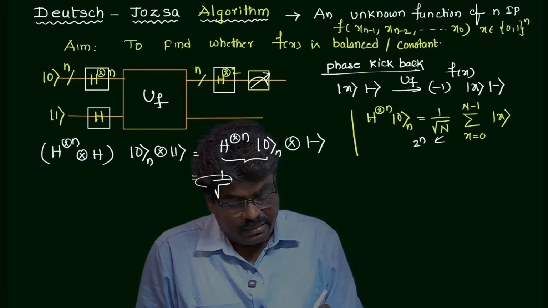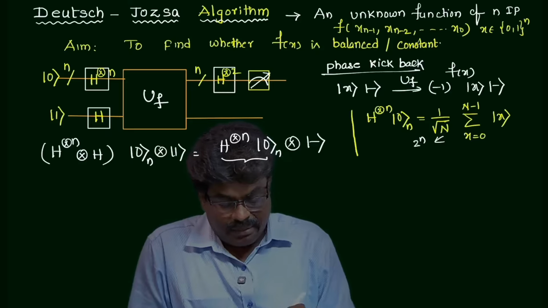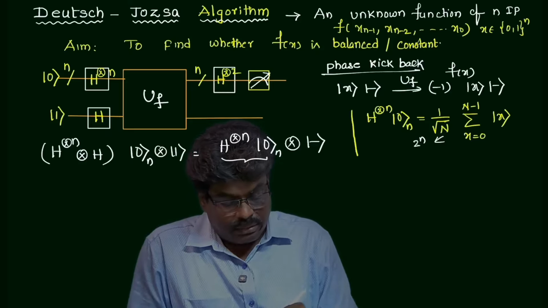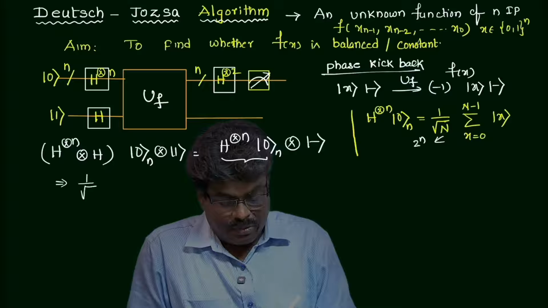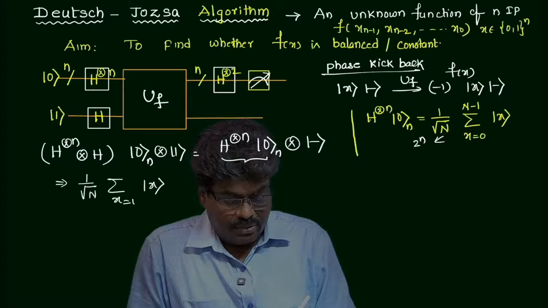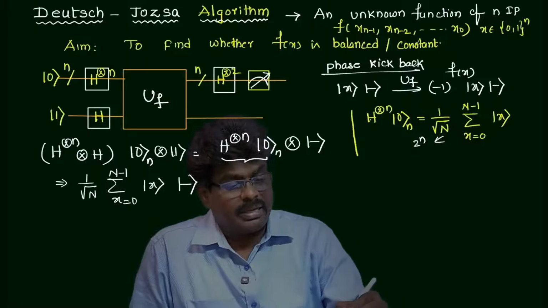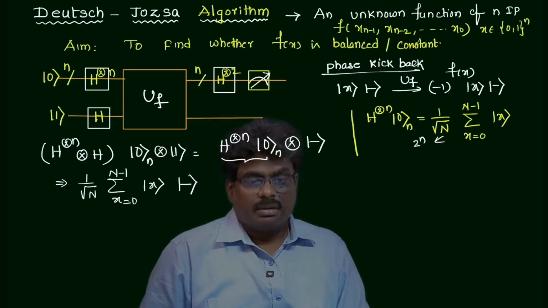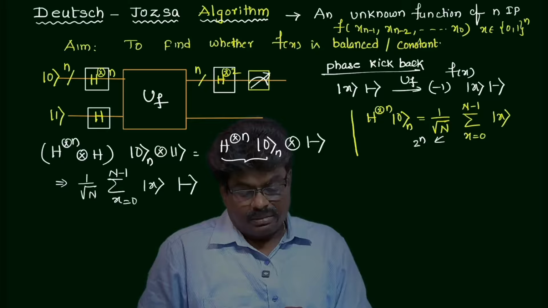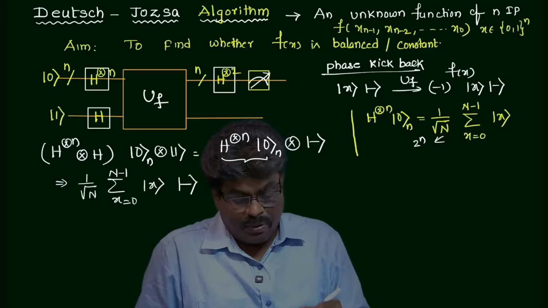Then it is 1 over root N. Let me write here. So finally, we will get 1 over root N summation over x, where x is equal to 0 to N minus 1, and after that the minus state as usual. Okay, so right now after this we have the Uf operation.